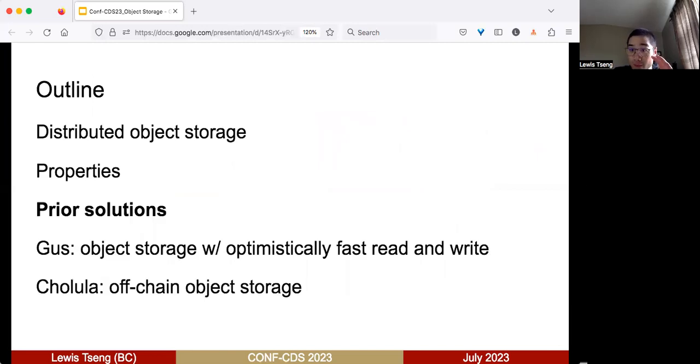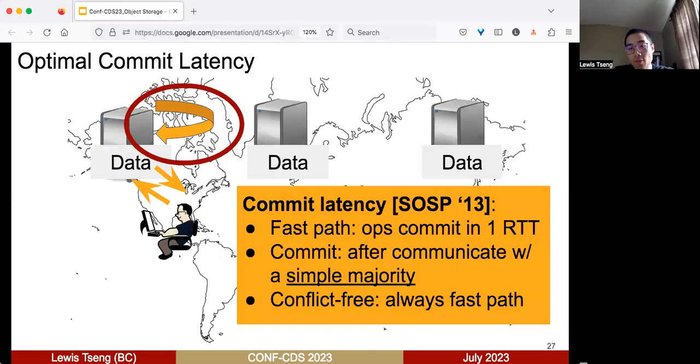I will tell you what some prior solutions are and what it means to have optimal commit latency. So what's optimal commit latency? The notion was proposed by a group of people from CMU. The first part is that the operation can commit, meaning the operation is determined, in one round trip time. What's commit?